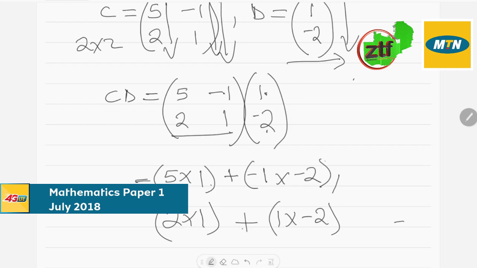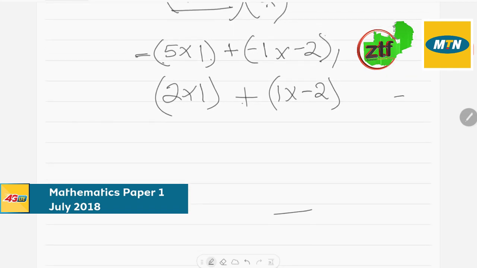So now, let's try to clear some space here. So 5 times 1, we have a 5, plus this negative 1 times negative 2, we are going to have a 2. Then we also have 2 plus 1 times negative 2, that is negative 2.